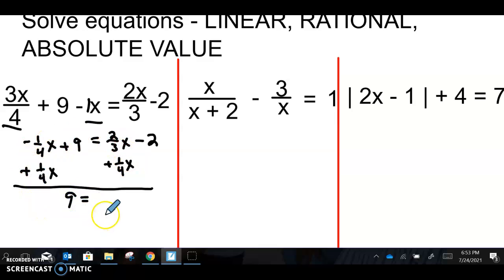I like my x's to be positive, so I'm going to add 2/3 plus 1/4. Let's see, 2/3 is 8/12. 8/12 plus 3/12 is 11/12 x. I'm going to get my numbers all on this side. So I have 11 equals 11/12 x.